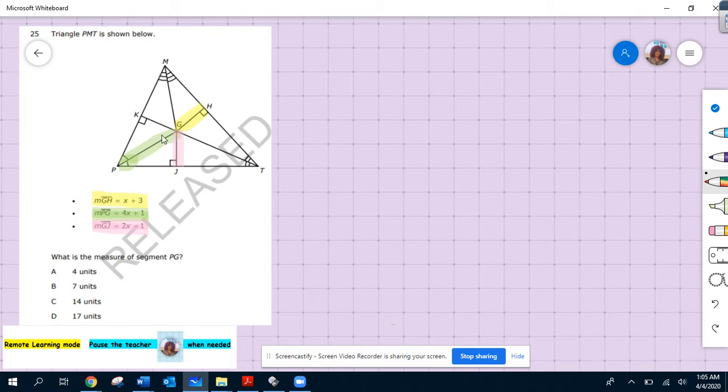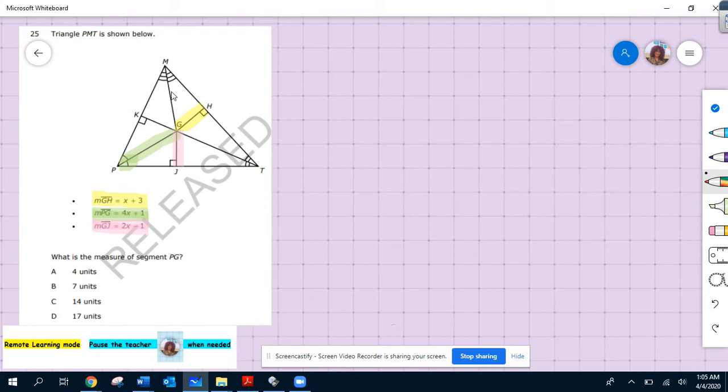Of course, if you look at this figure, you see some labels here. I mean, these angles have the same label. In geometry, that means that these angles are congruent or equal. They have the same measure.